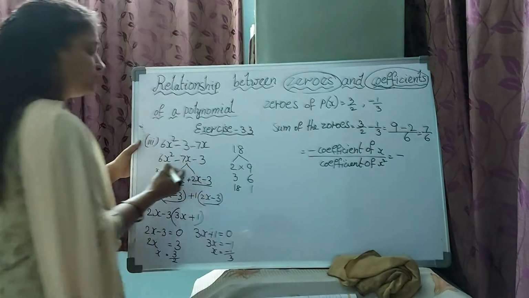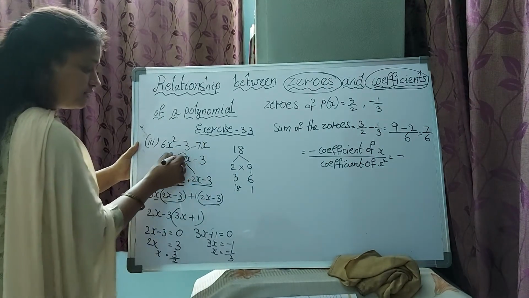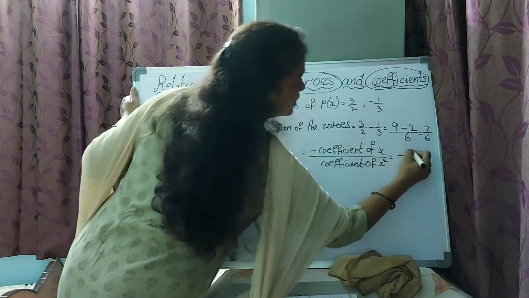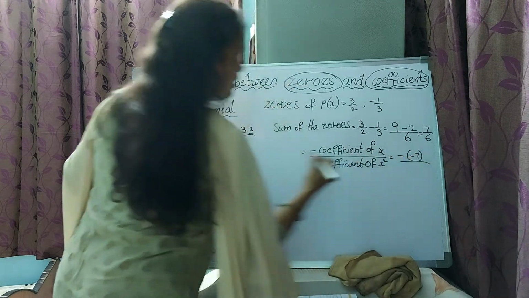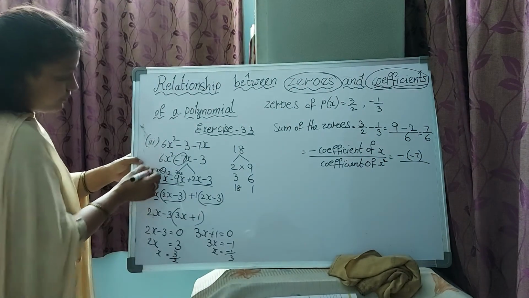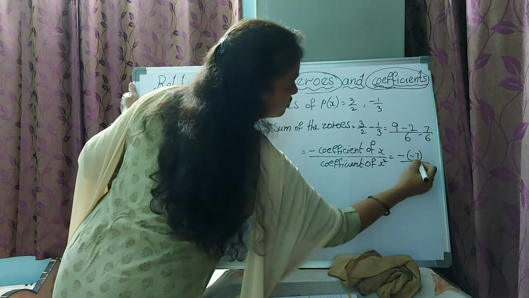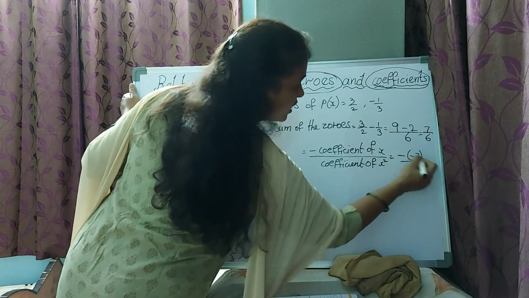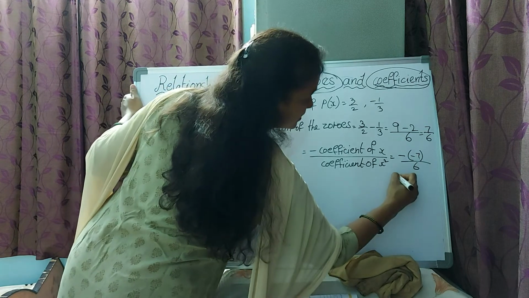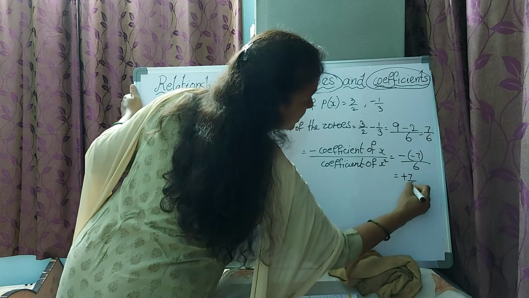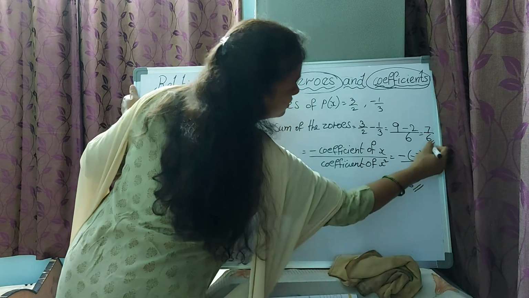What is the coefficient of x? Minus 7. Minus of minus 7 by, what is the coefficient of x square? 6. So minus into minus gives plus, plus 7 by 6. So both are the same.